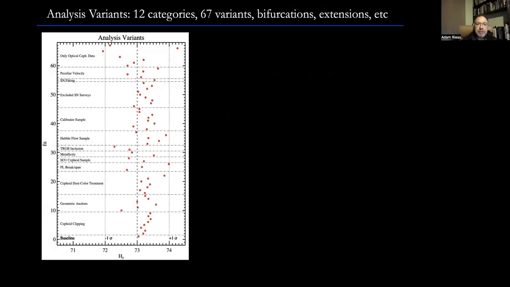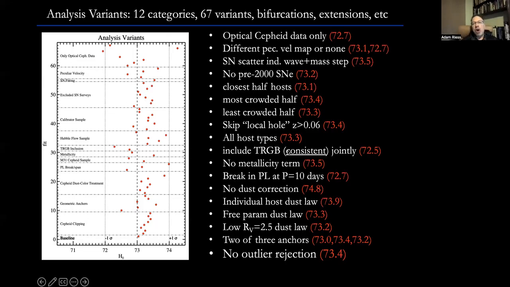Okay, so in the paper, we go through 67 variants of the fundamental analysis that we do, including bifurcations of the data and extensions. I don't have time to go into all of those, but I'll just show you some of the ones that people have been most interested in: different ways of removing outliers, different geometric anchors to use, ways of relating color to dust, within some reasonableness, the use of metallicity to refine the standardization of Cepheid variables, and which sets of supernovae we use.